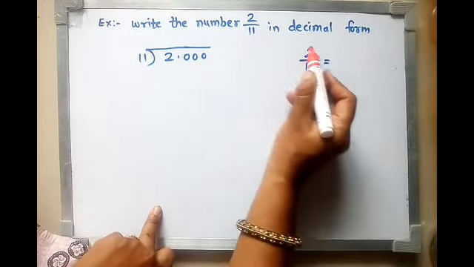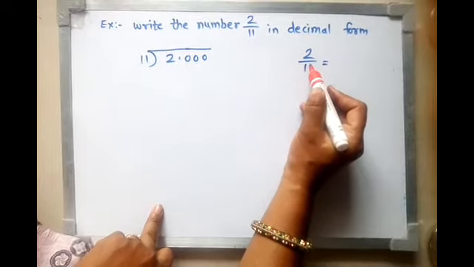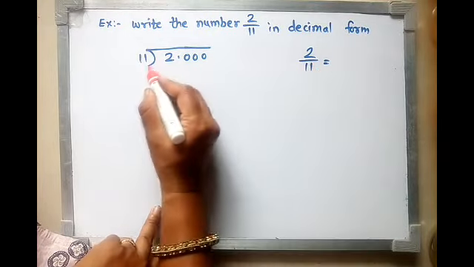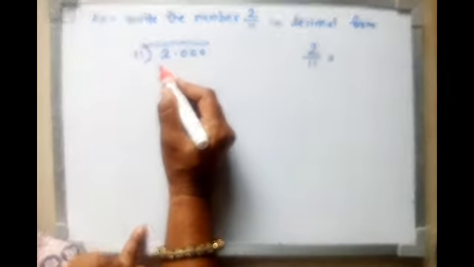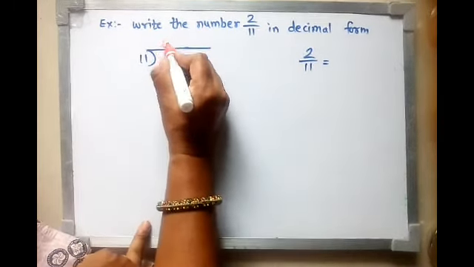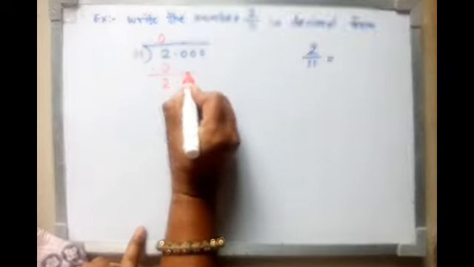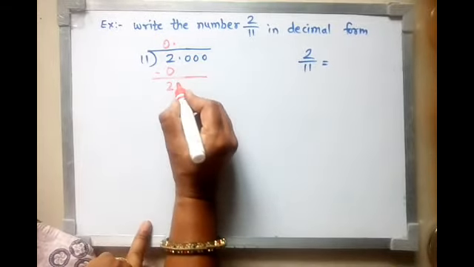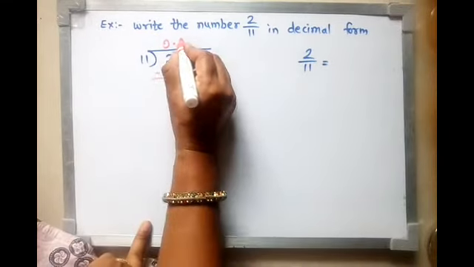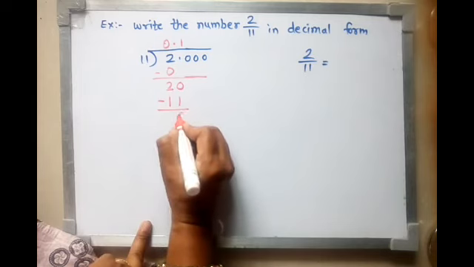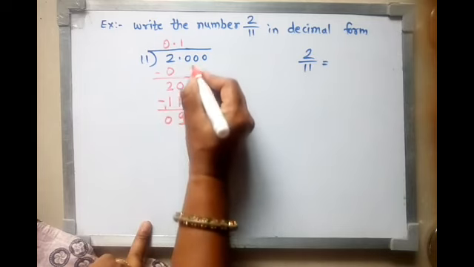Next example is write the number 2 upon 11 in decimal form. 2 upon 11. 2 is not in the table of 11, so we divide it by 0. 11 ones are 11, remainder is 9.